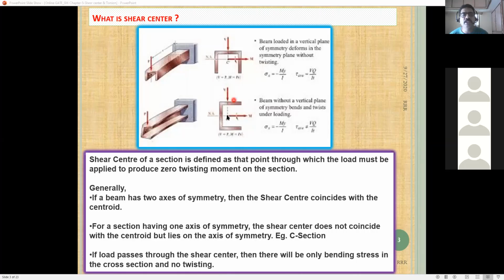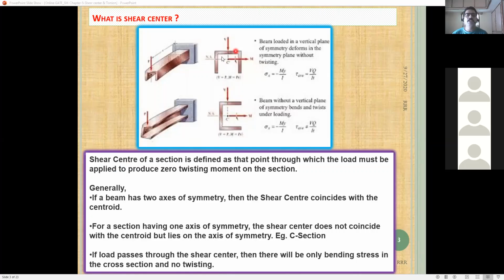In such sections, the centroid will not coincide with the shear center. Even though it is unsymmetrical, the centroid will be here for this section, but the shear center may not coincide with the centroid.